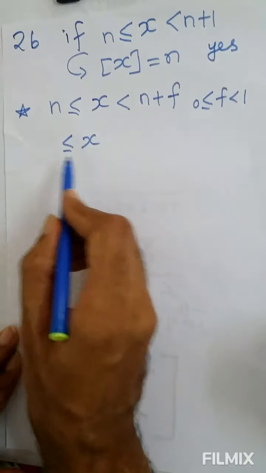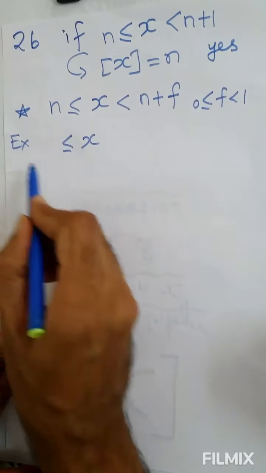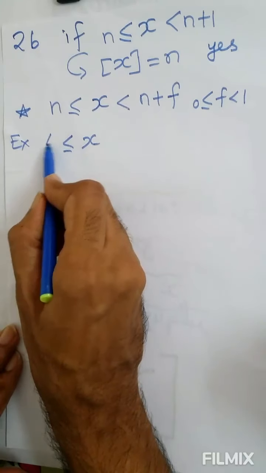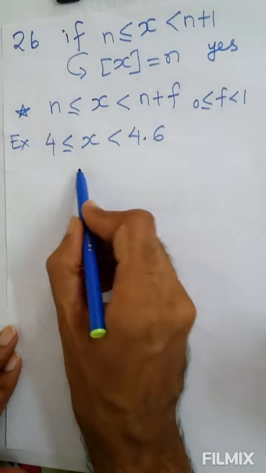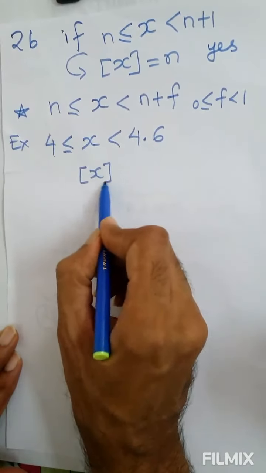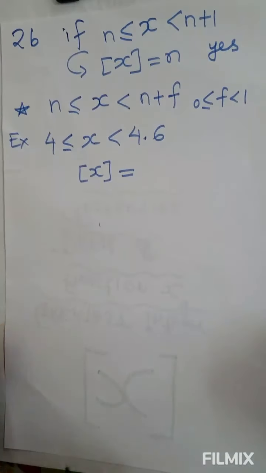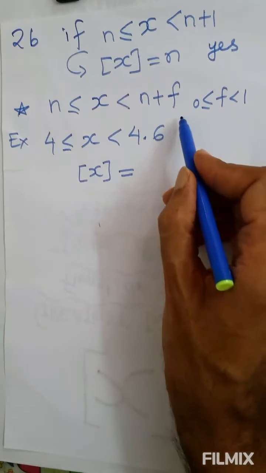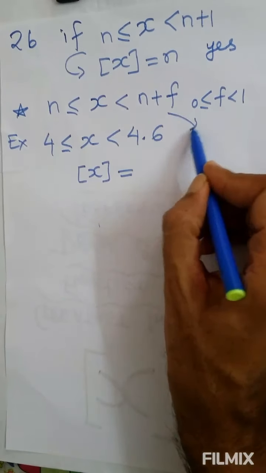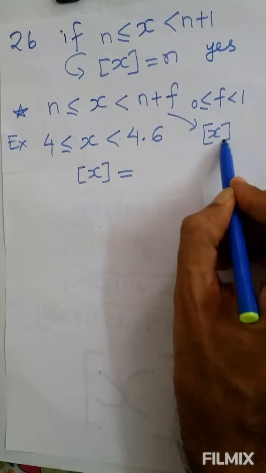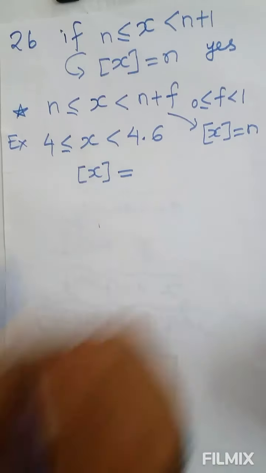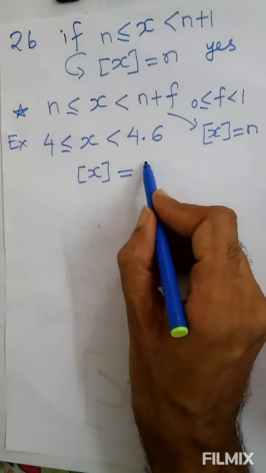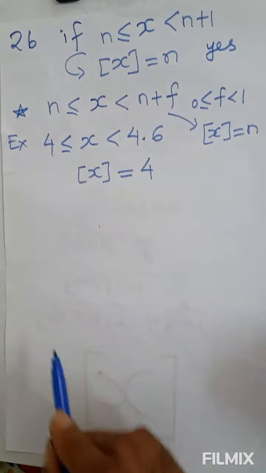Let's say x is between 4 and 4.6. Then what is the greatest integer of x? It would still be n, so here the greatest integer of x would be 4.